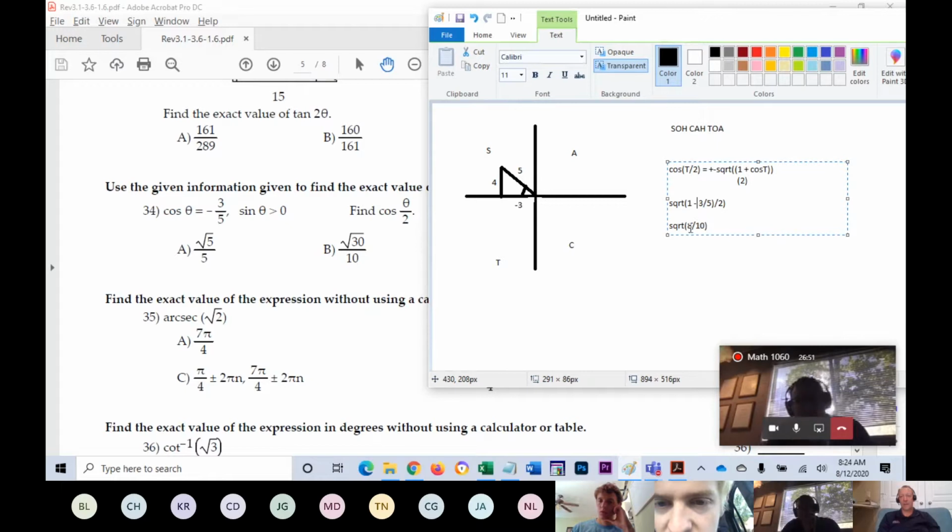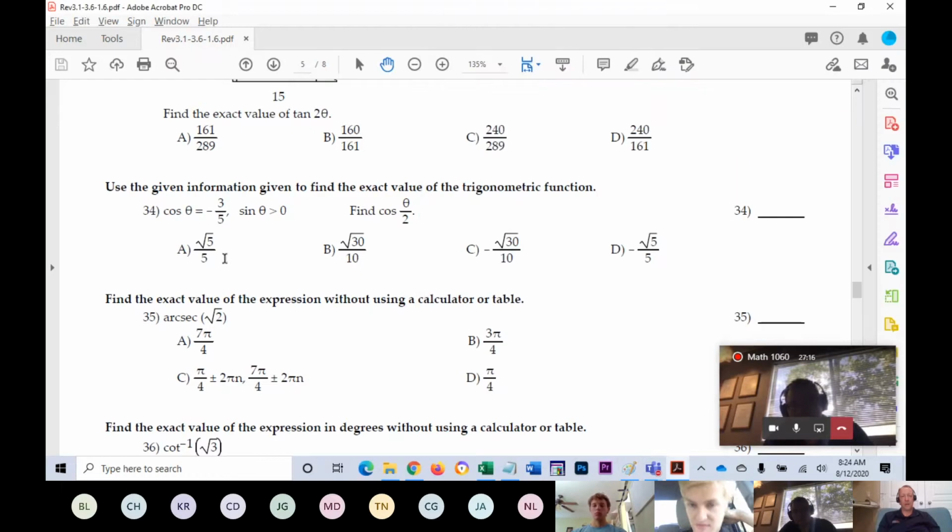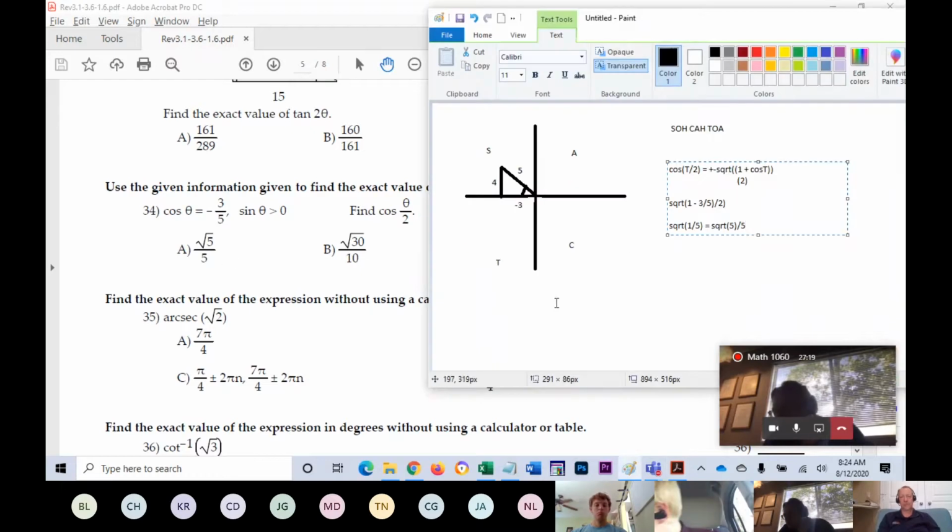Okay, so that's 2/5 divided by 2, which is 2/10, which is 1/5. Of course, the square root of 1 is 1, and so then that would be the square root of 5 over 5. Sure. That makes sense. All right, so that would be answer A. Which would make sense because half of theta would be in quadrant 1, so it's got to be the plus, right?